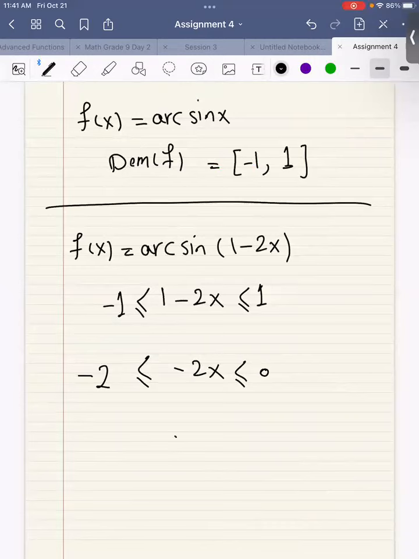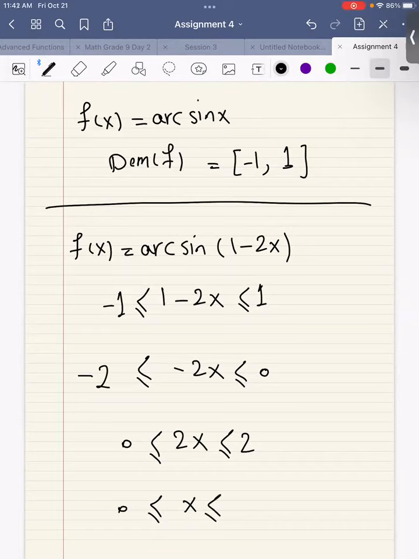So that means 2x has to be between 0 and 2. So that means x must be between 0 and what? One.